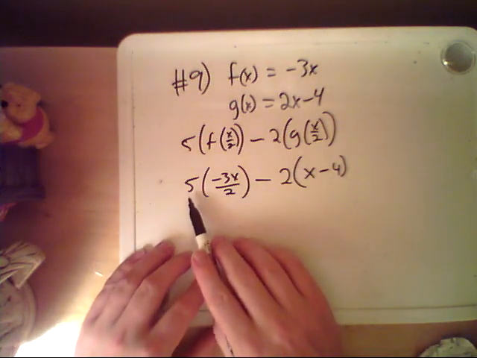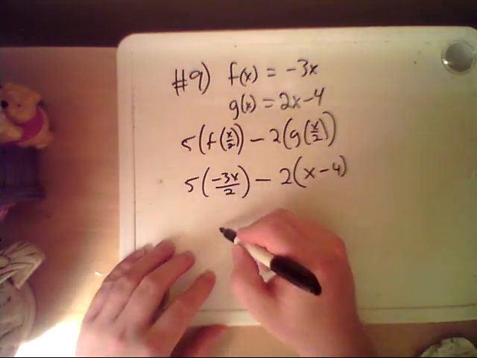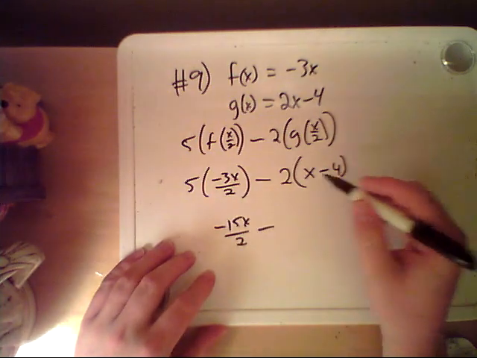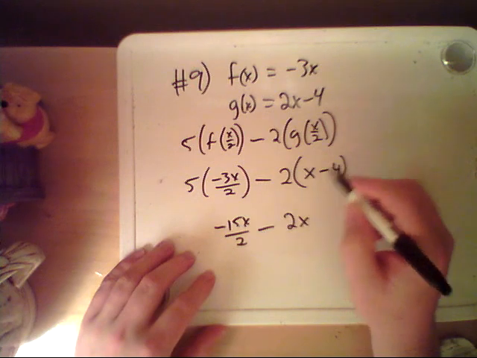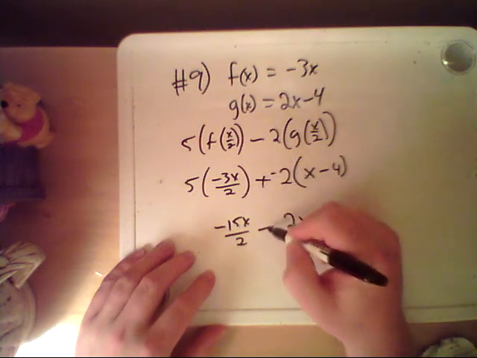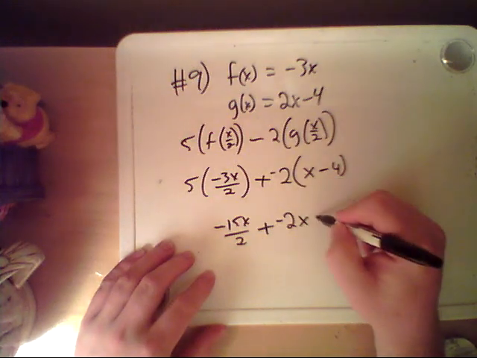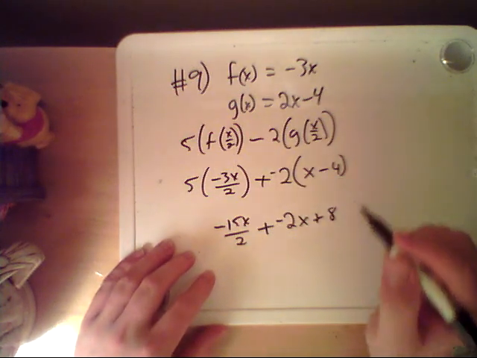Okay, so we can simplify this a little bit. 5 times negative 3 is negative 15x over 2, minus 2x. Let's just do plus negative, so it's going to be plus negative 2x. Negative 2 times negative 4 is going to be positive 8.